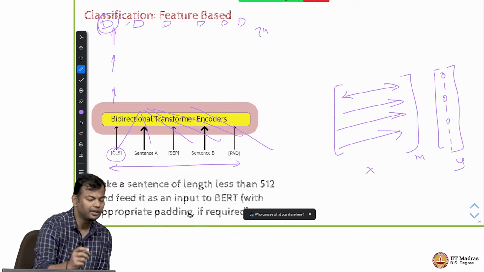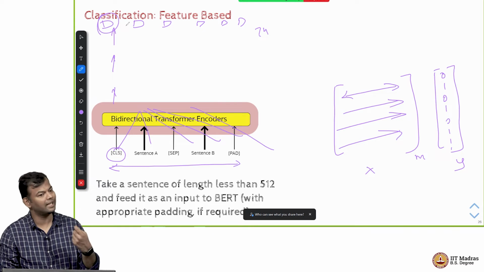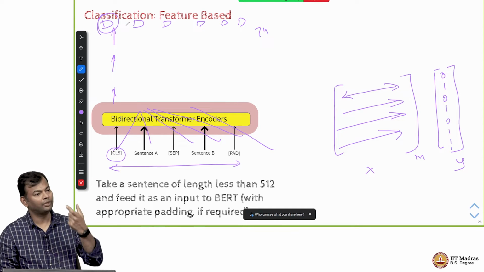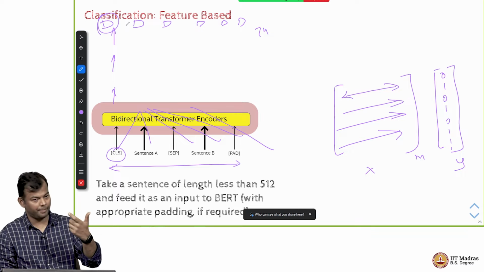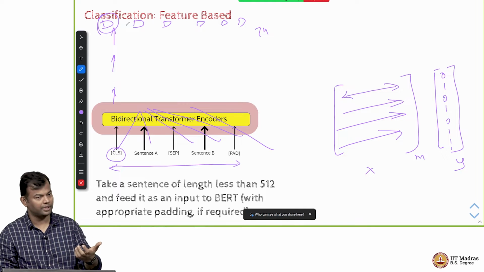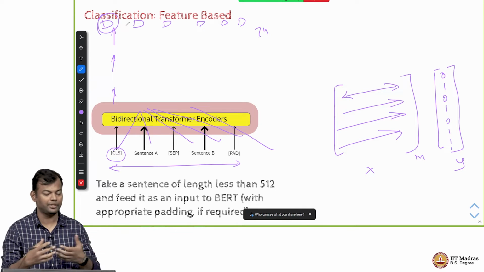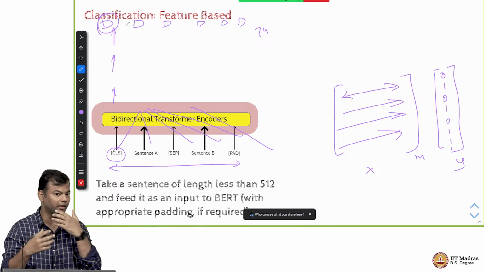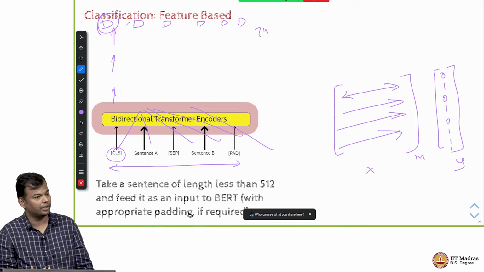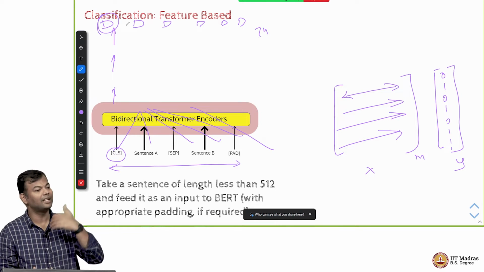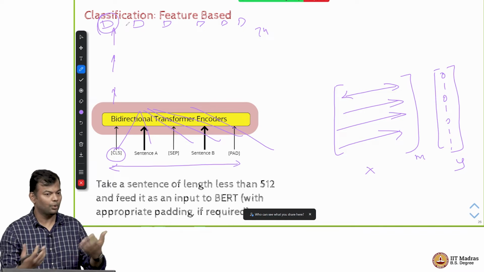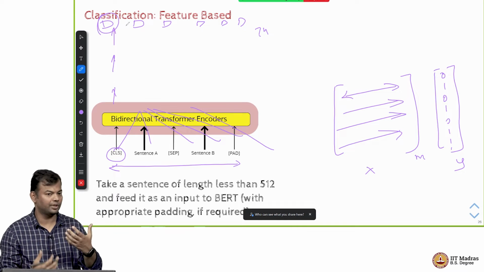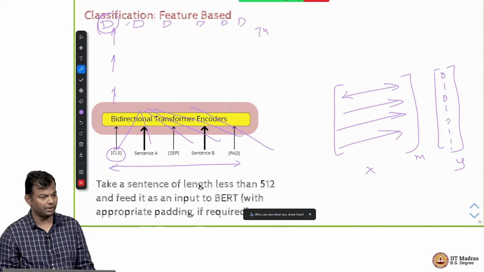You just take the representation for the first token, which is the CLS token, and you think of this as a rich representation for your input sequence, because this representation has been constructed by a trained BERT model which has seen a lot of language data. So it knows what the language interactions are, how to capture them, and then it gives you one representation.